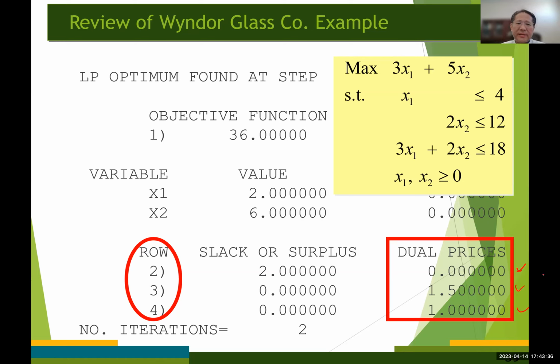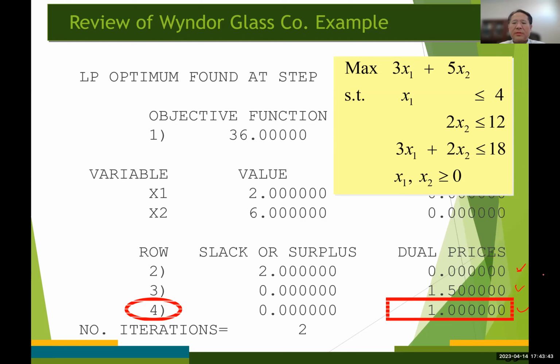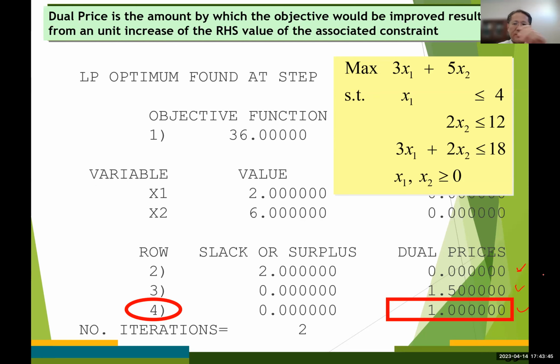So this tells us if the right-hand side value of the last constraint, for example, is increased from 18 to, let's say, 19, okay? Then the objective function value becomes 37.